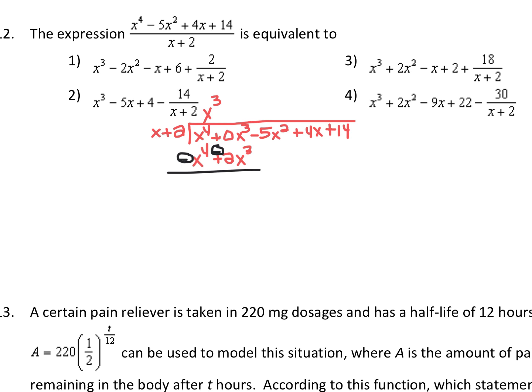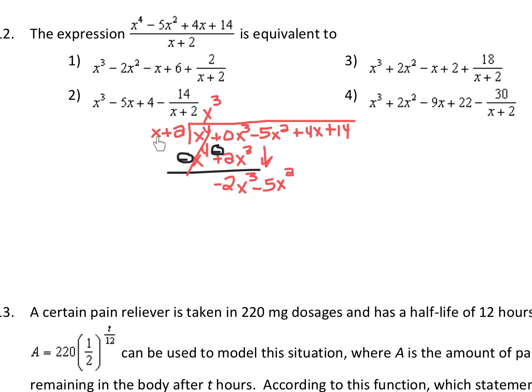Okay, so then the first two terms are just going to cancel, right? And then 0x cubed minus 2x cubed would be negative 2x cubed. And I'm going to bring down my next term. And then we just start the process again. We do this until we're done, pretty much. We keep repeating the same process over and over again.